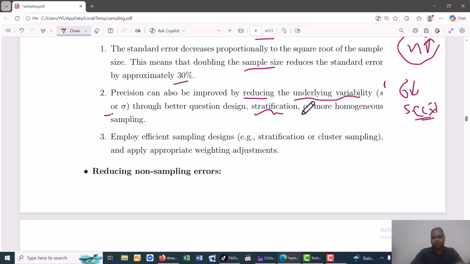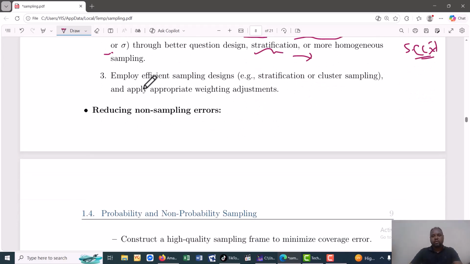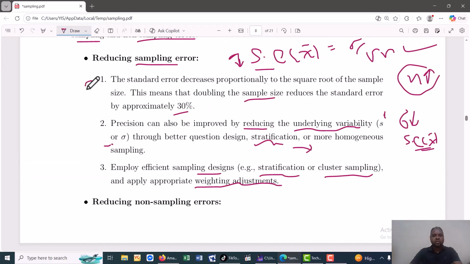Through stratification, the somewhat heterogeneous units can be changed into homogeneous units. We know that homogeneous units yield smaller variability than heterogeneous units. The other way is employing efficient sampling designs, for which we make use of appropriate weighting adjustments, right? So these are the 3 ways of reducing sampling error.